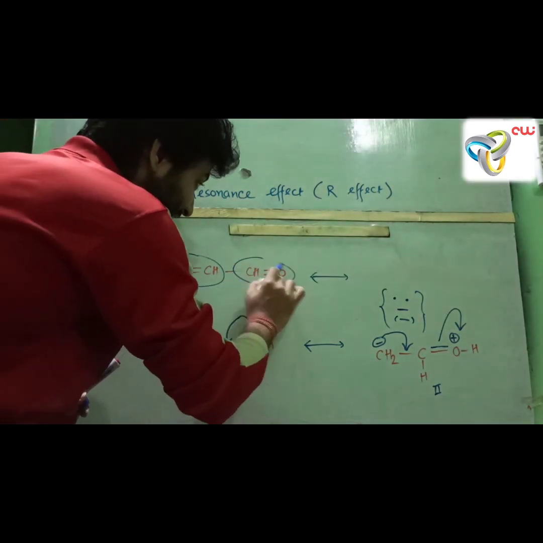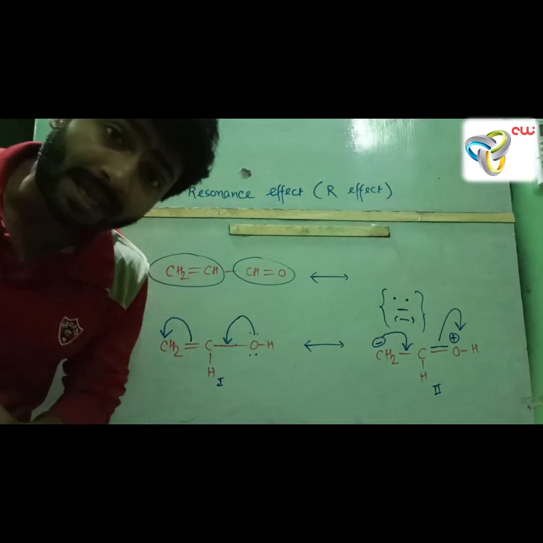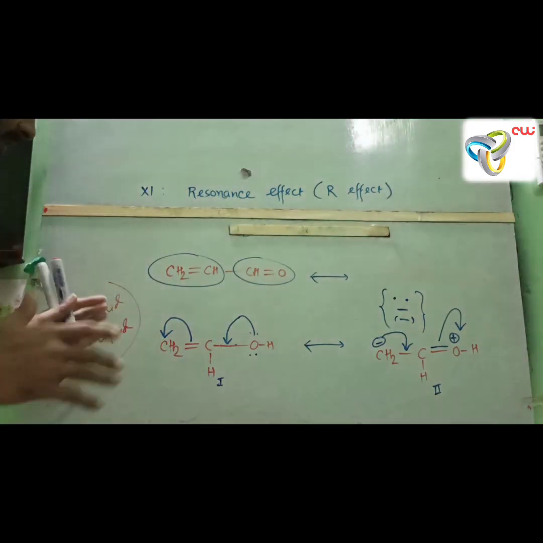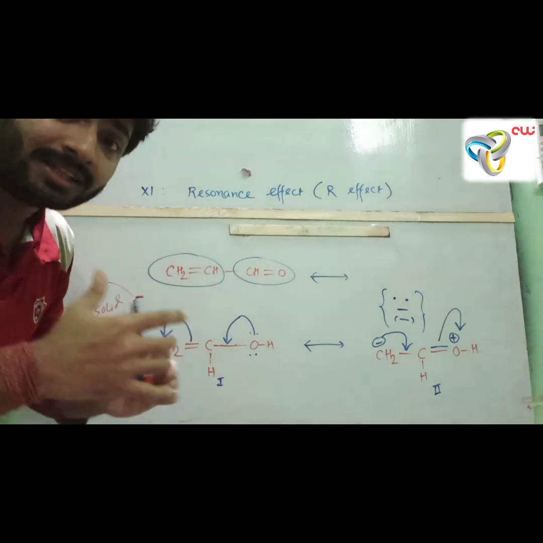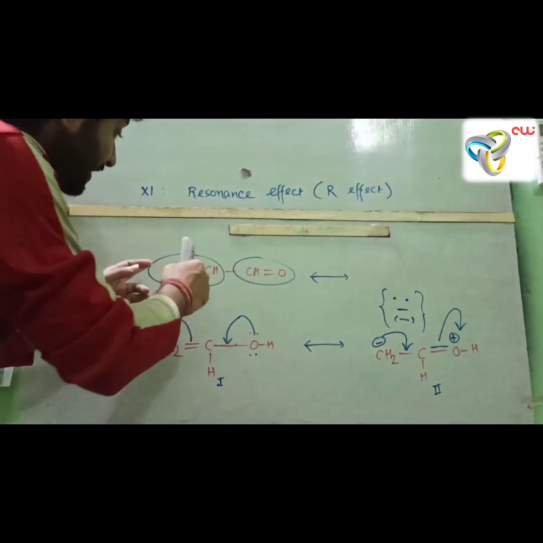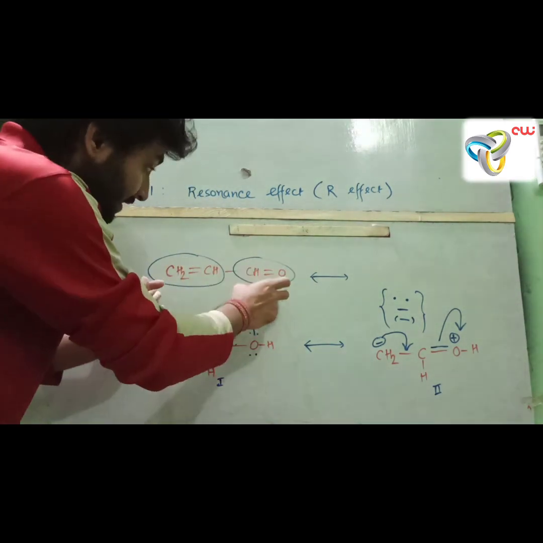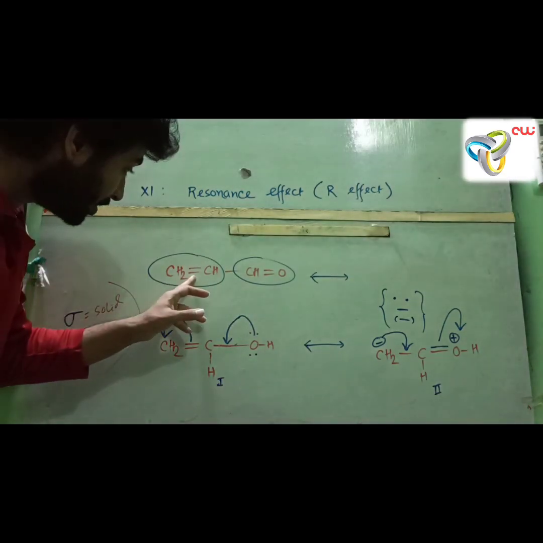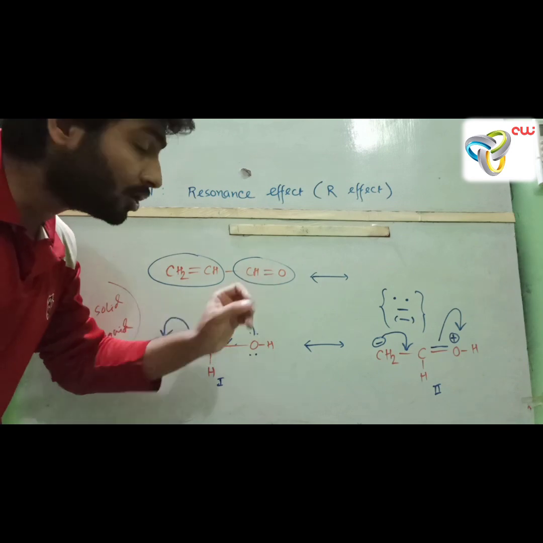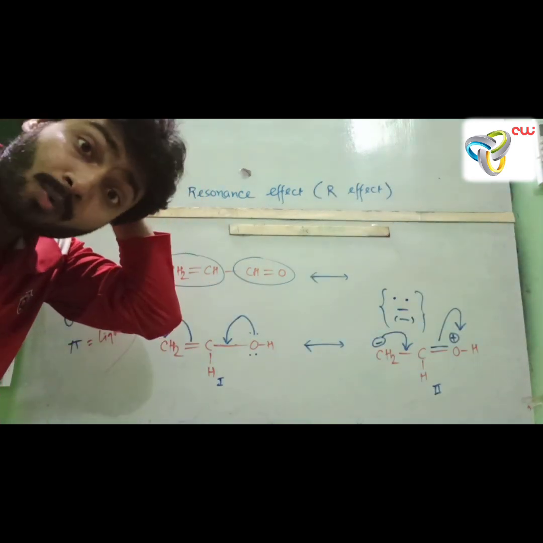And in this structure, there is another pi bond present. So there is no center where the electron density is higher, because in both parts the electron density is the same. How? Two electrons in two centers, here also two electrons in two centers. So how will it flow?